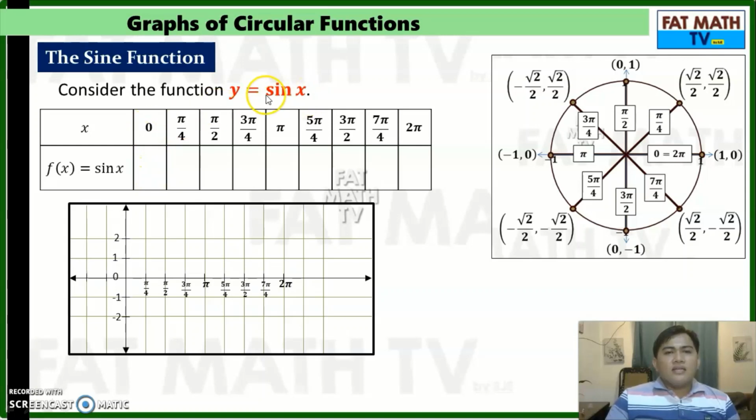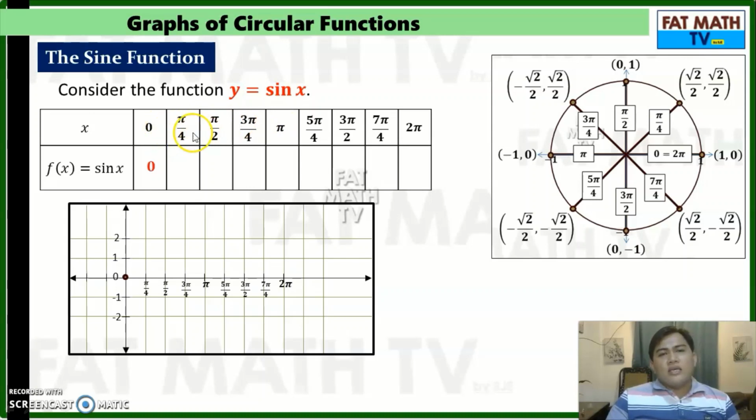So if x is 0, the sine of 0 is the y coordinate here. If the angle is 0, so that is 0. So we have a point here, 0, 0 on the graph. What about if x is pi over 4?